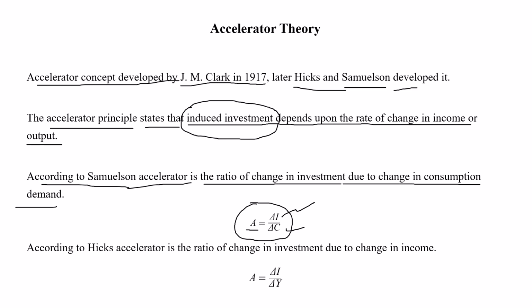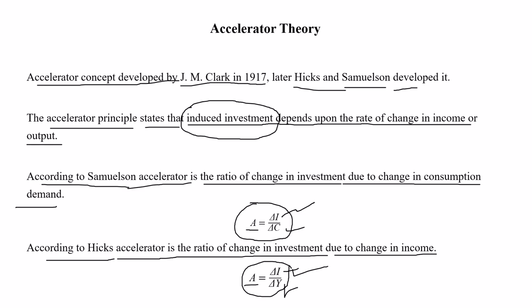Another economist, Hicks, says the accelerator is the ratio of change in investment due to change in income. This is Hicks's equation of the accelerator: A = delta I upon delta Y. Here A represents the accelerator, delta I means change in investment, and delta Y means change in the income level.